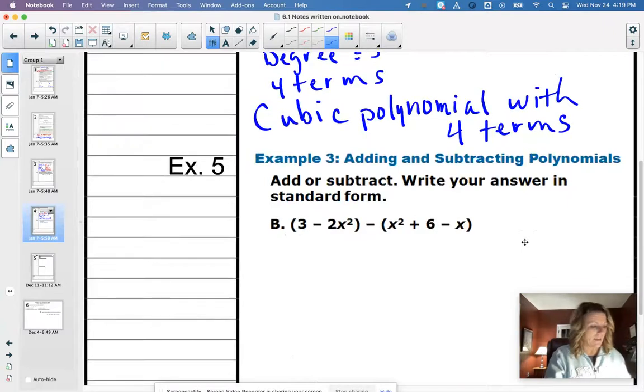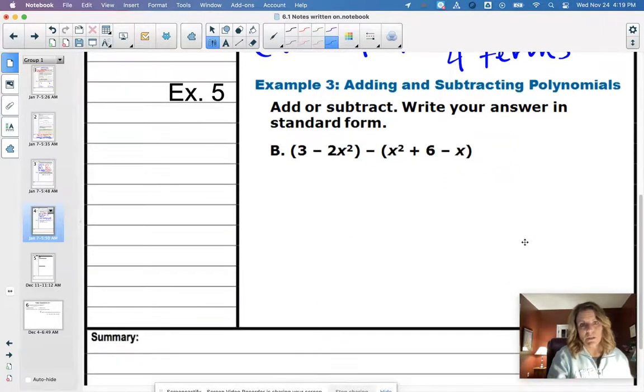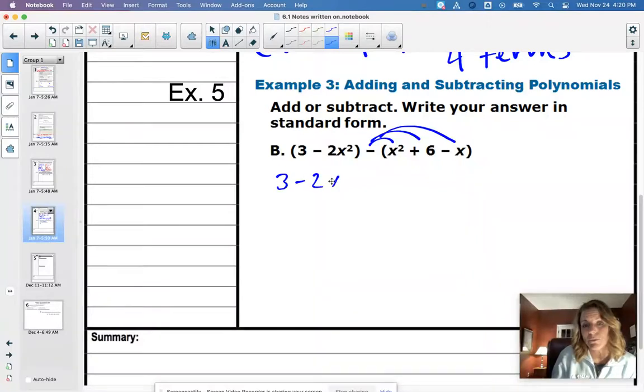Example 5, we're going to do. All right. We are subtracting. So the only difference is when you're subtracting, we have to distribute that minus to everything to the right of it. I can drop this first parentheses. So then I have negative x squared minus 6 plus x.